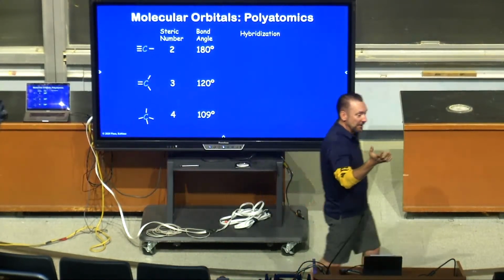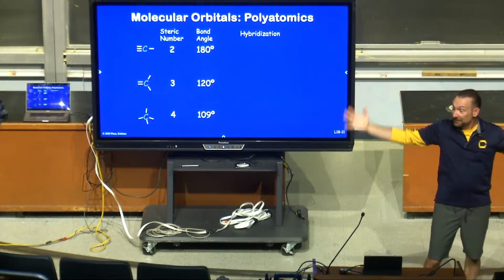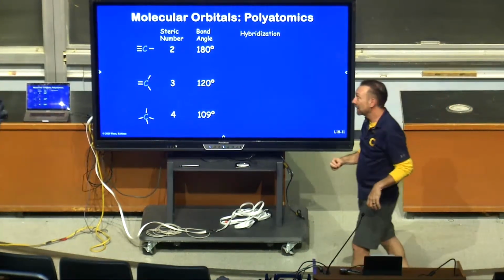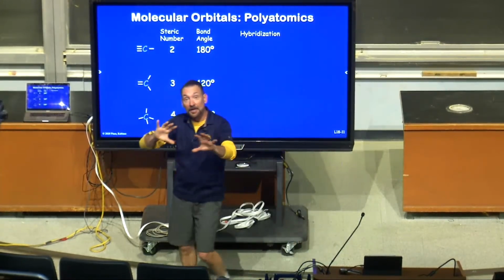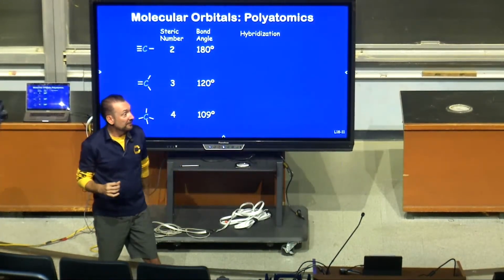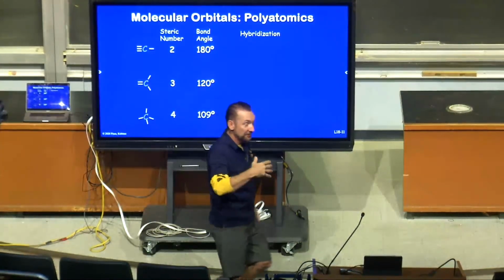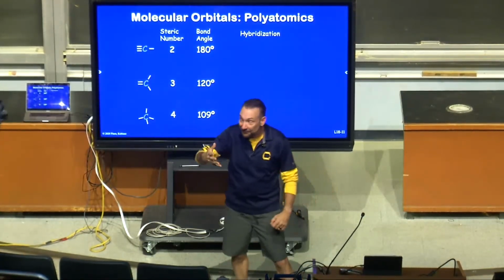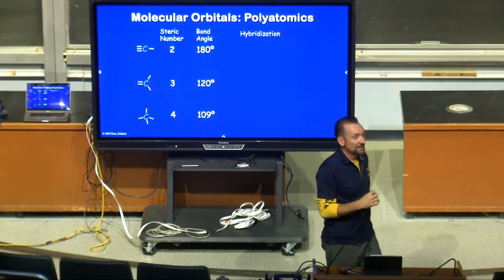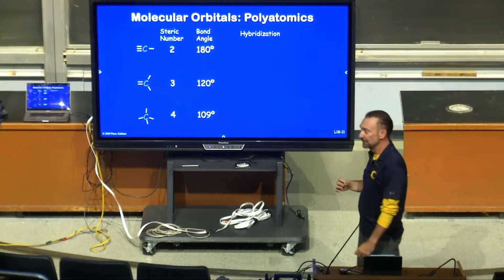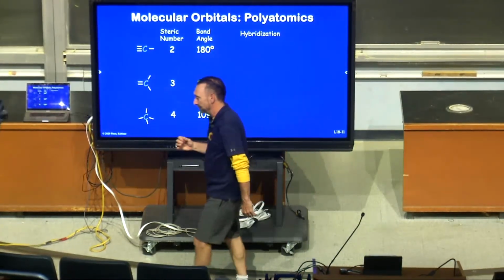So the boundaries are going to be different when we talk about the molecules, but the atom itself can have creative wave functions, sums and differences, linear combinations of the traditional s, p, and d orbitals that we've talked about.